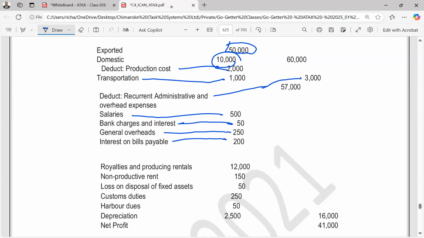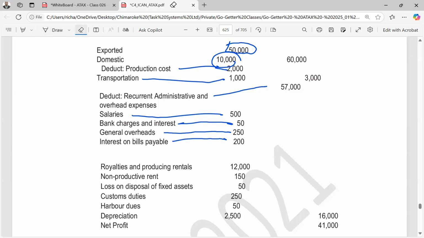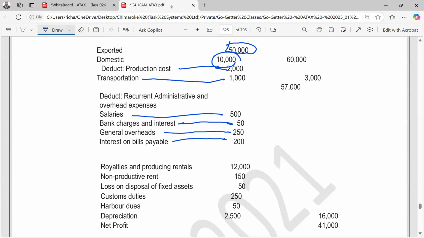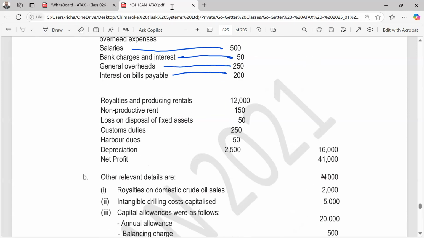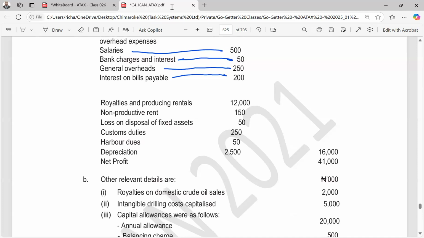So this is 60. When we deduct this 3,000, that is what gave us this 57. We need to be careful of these figures. Let's rule.